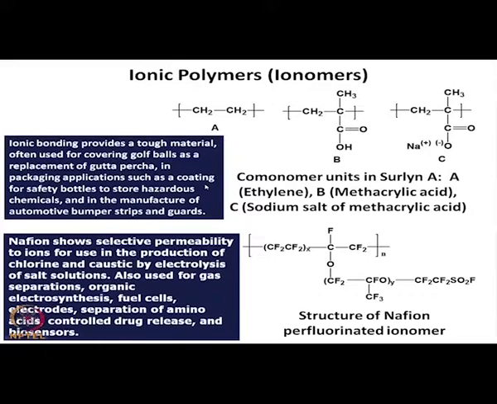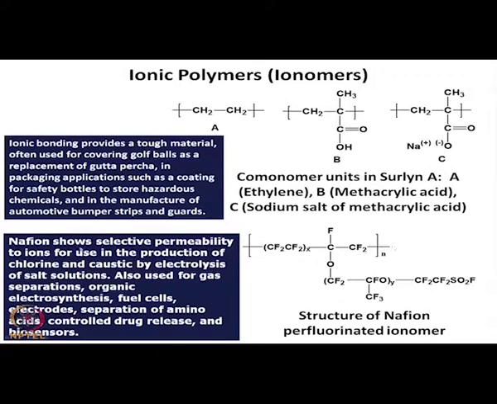There is one excellent commercially available ionic polymer or ionomer known as Nafion. This is a perfluorinated polymer, having all the hydrogens of this repeat unit replaced by fluorine atoms.